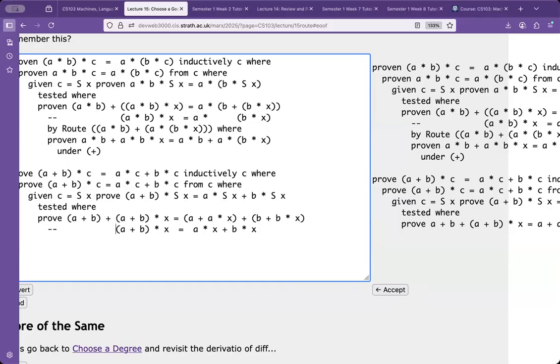But you know, let's look ahead a little bit. We're adding up a bunch of stuff. We've got an A and a B, and you can see on the right-hand side, we've also got an A and a B, and some other bits and pieces. We've got an A times X and a B times X, and we can see that making use of the induction hypothesis is going to give us those bits and pieces. So this is a nice move.